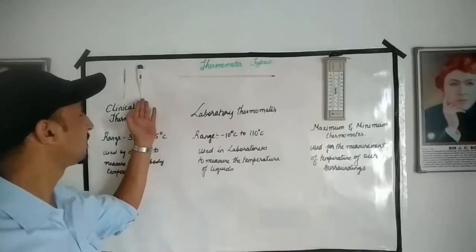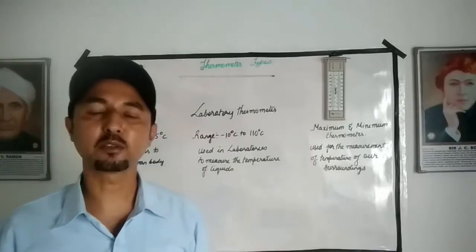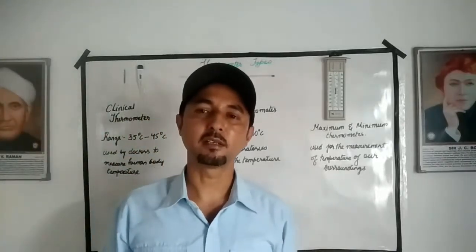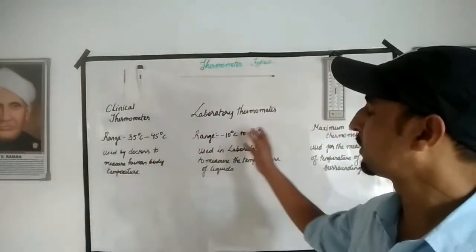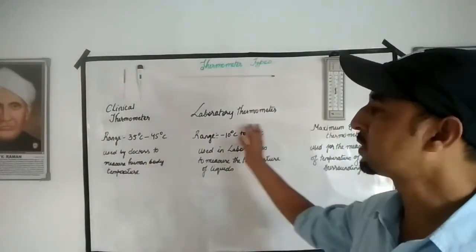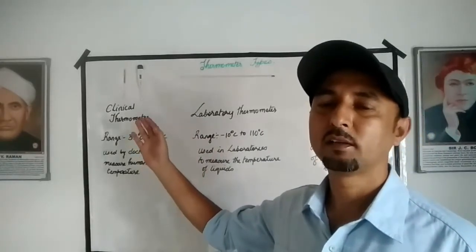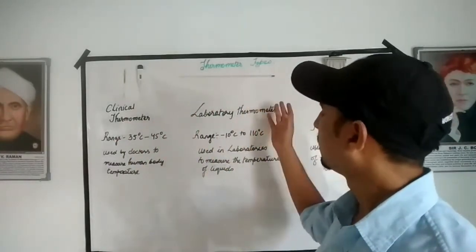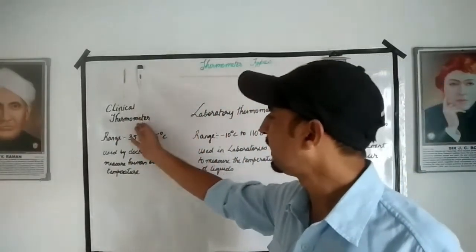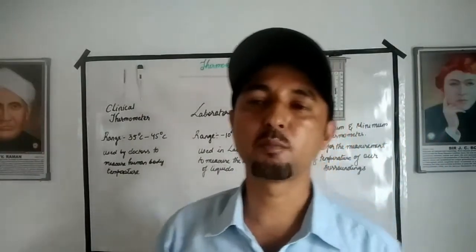Digital thermometers are used widely these days because the accuracy is also given by these thermometers. Therefore, these are the common types of thermometers which are used in our day-to-day activities. Laboratory, clinical, and maximum and minimum thermometer.